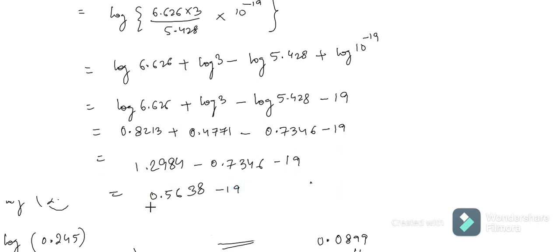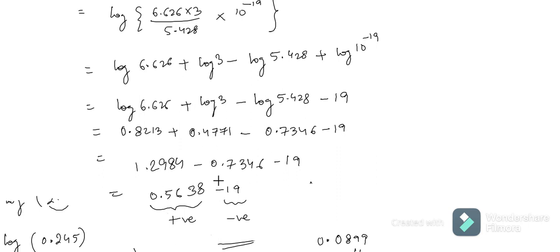So this is a number where the decimal part is positive, and this means the non-decimal part is negative, right? This was the power of 10, you remember? So while doing anti-logarithms, this will be going to the power of 10. Now after logarithm, have you ever got any negative value? No, right? Log of 6.626, is it negative? No, it should be positive.